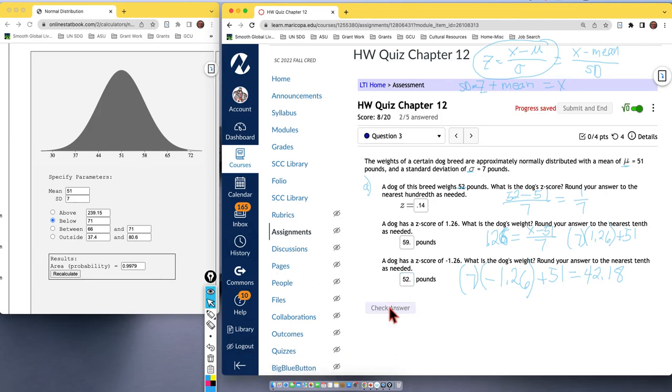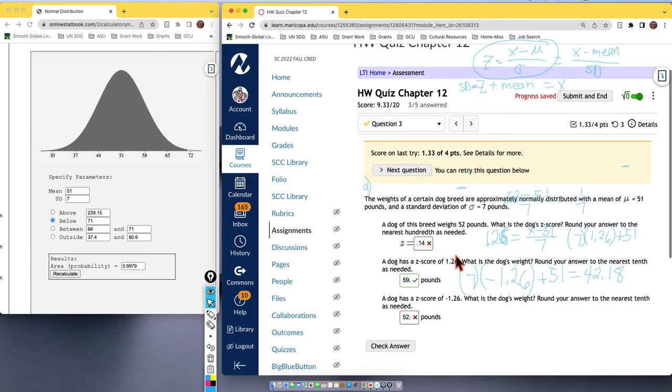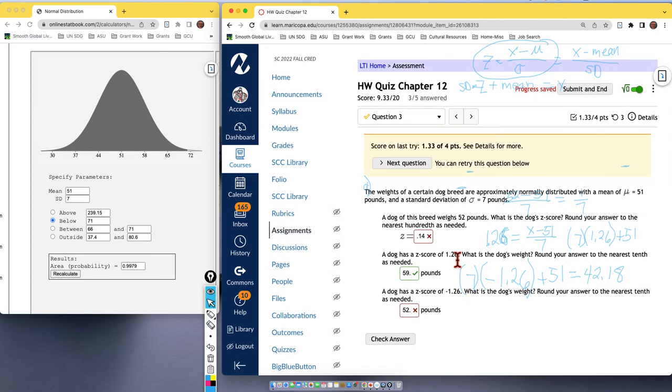So let's check our answers. Oh, it didn't like my first one. Let's see. Why did it not like it? Okay, the breed is 52. What is the dog's z-score? 52 minus 51 is 1. 1 divided by 7.14.